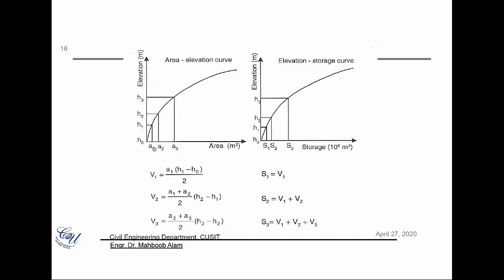Once we have a reservoir, we create this kind of a relationship. Ultimately you would be having this kind of relationship, where just by looking at the water in the reservoir you would find out what the surface area of your reservoir is. So on x-axis you have area, on y-axis you have the elevation of the dam.